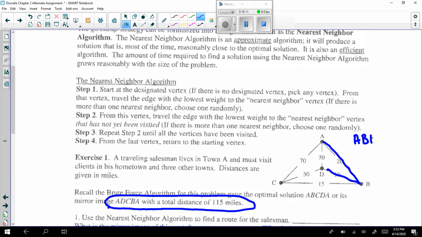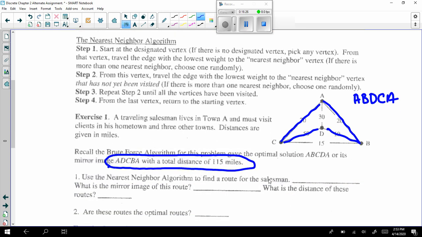So I go A, B, D, and then I have to go to C, and then I go to A, B, D, C, A. Okay, so it's a little bit different than our optimal solution. So we went from A to B to D to C to A, and then the mirror image of that is A, C, D, B, A.